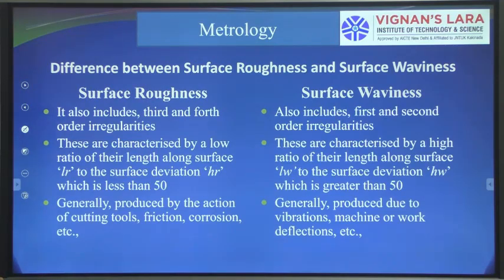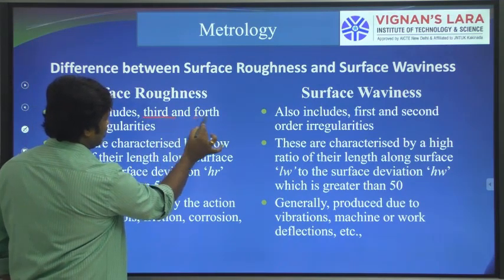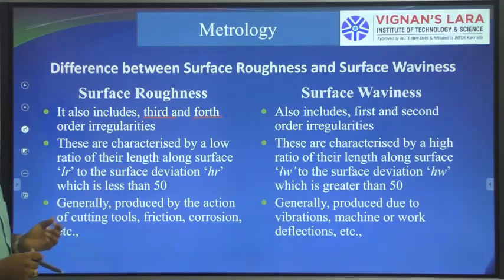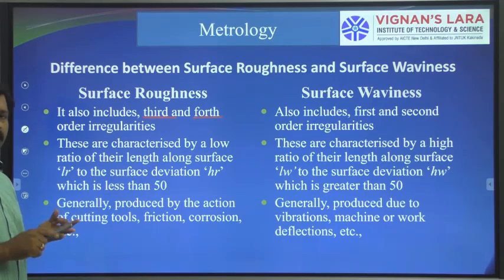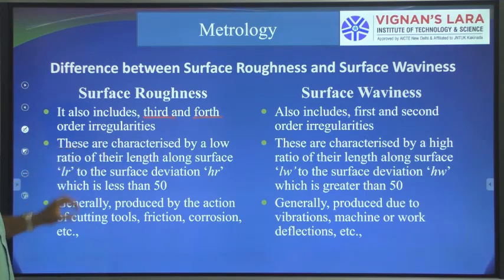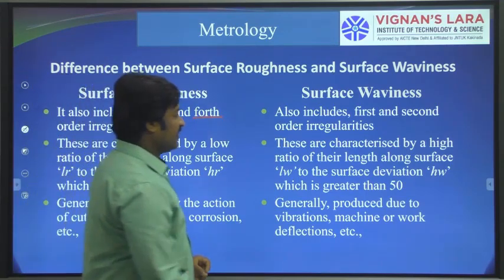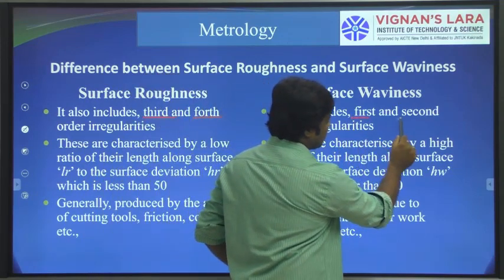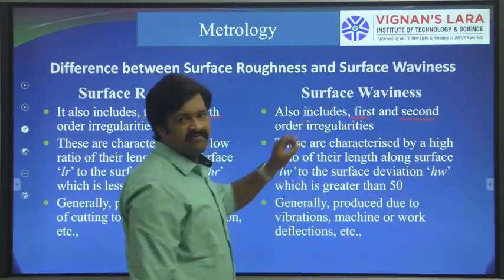Next, it also includes third and fourth order irregularities. We already know that there are four types of irregularities: first order, second order, third order and fourth order. Here third order and fourth order irregularities come under surface roughness, whereas first order and second order irregularities come under waviness.